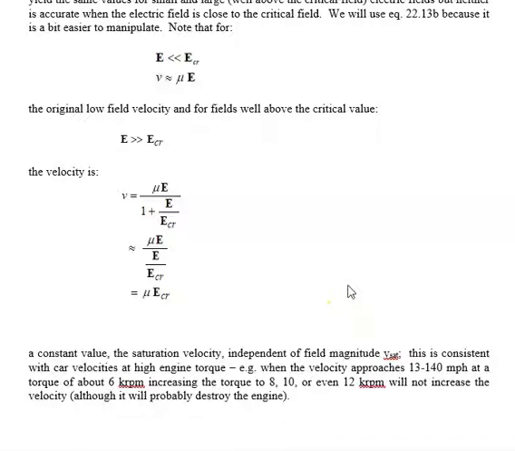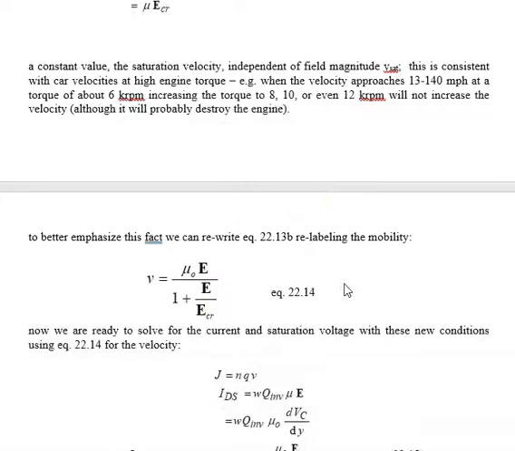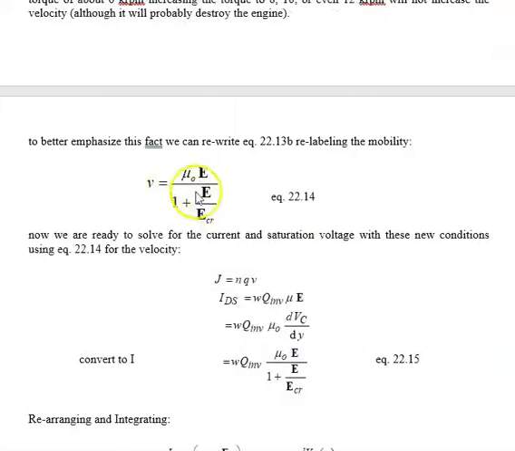Well, let's see what implications that has. So we rewrite equation 2213b, and since mu is not terribly important, we'll just label it as mu 0 here, to get it out of the way. Now we're going to put this expression into our current density, and more importantly, into our output expression.